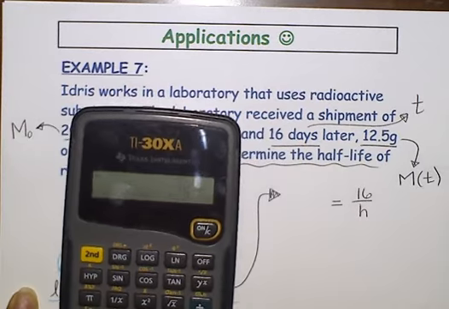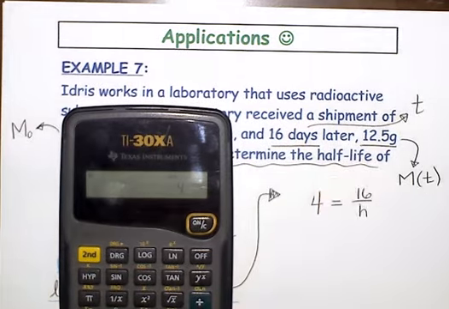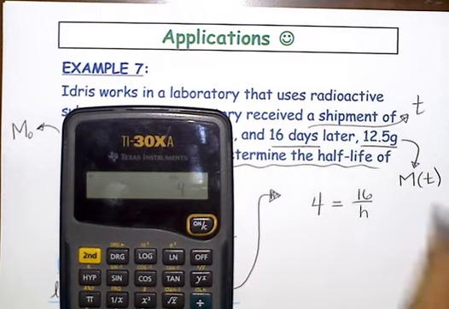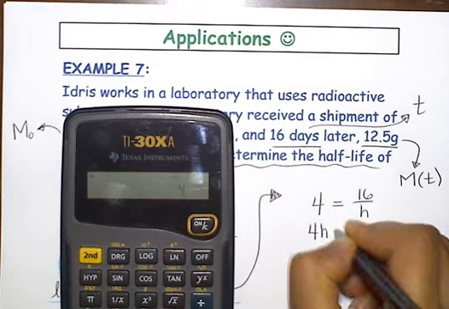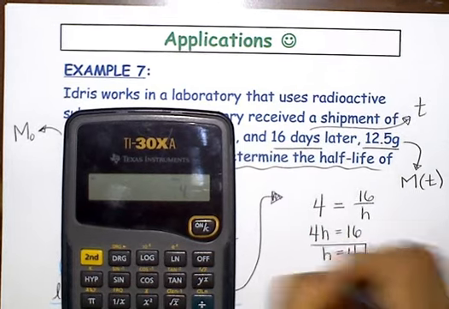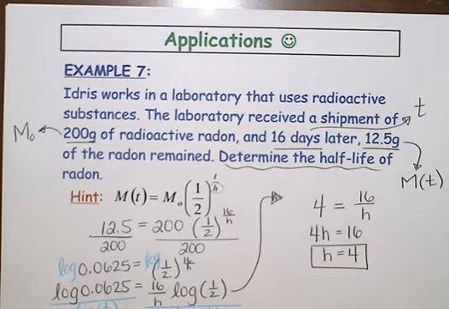And I get a result of 4. That's a pretty nice number. And so I can cross multiply to help me solve for the value of h. So I have 4h is equal to 16, which means h is equal to 4. So what that means is the half-life of radon is 4 days.